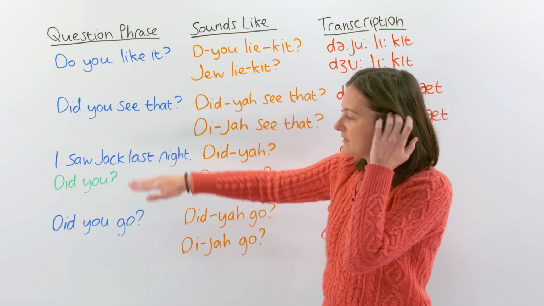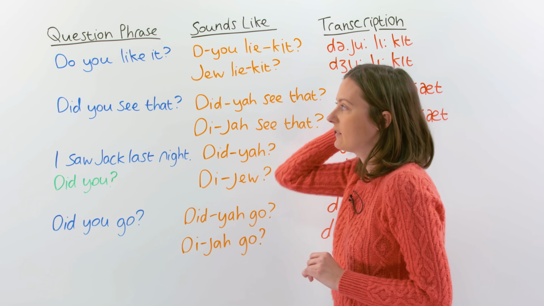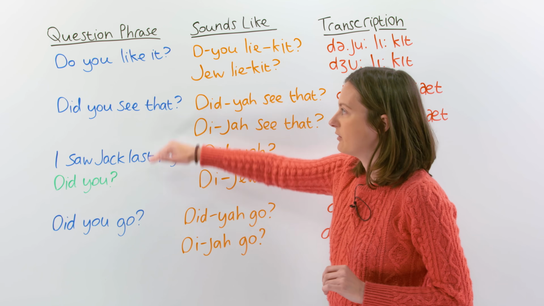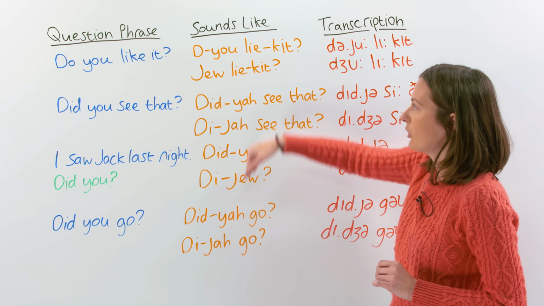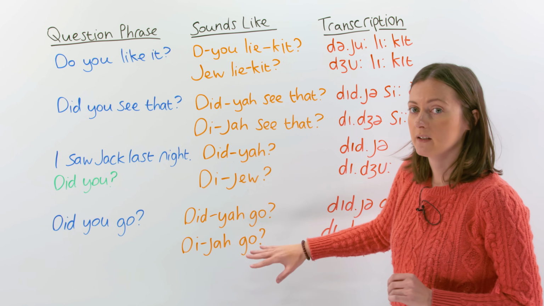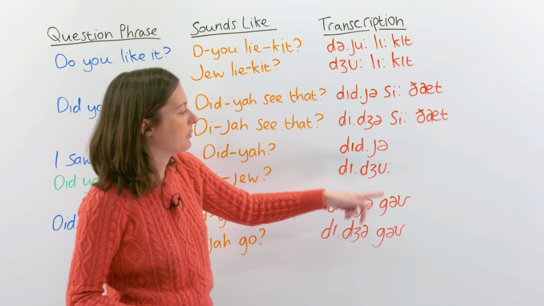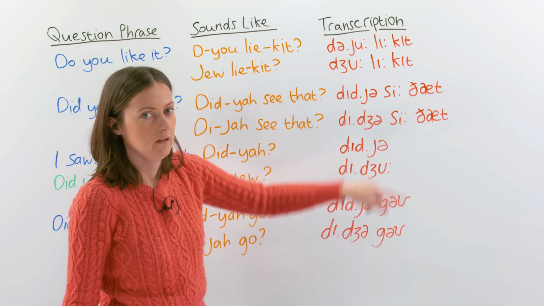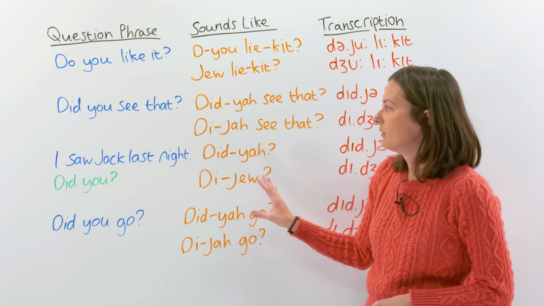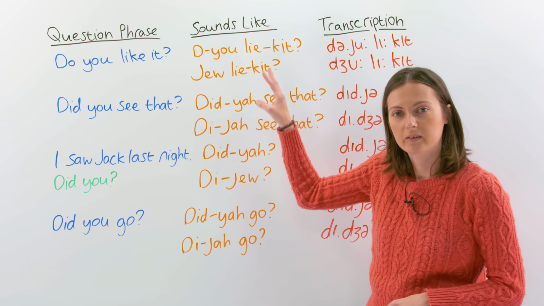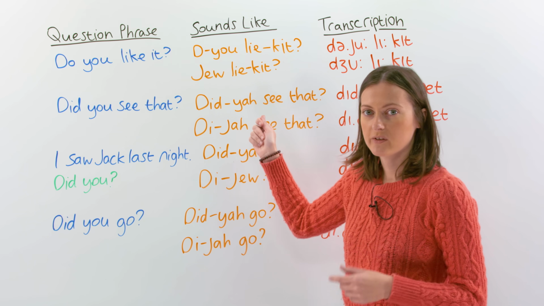All my question phrases are questions with do or did, and this is them written out in the full sentence. Then I have in this column what the sentence sounds like. If we don't know how to read IPA transcription here, this is very useful for us. But the problem when we write out the pronunciation in this way is we don't have letters for all the sounds.